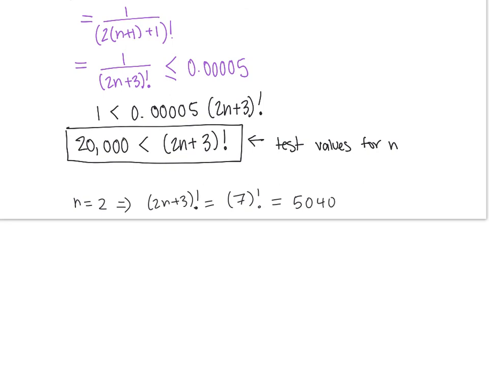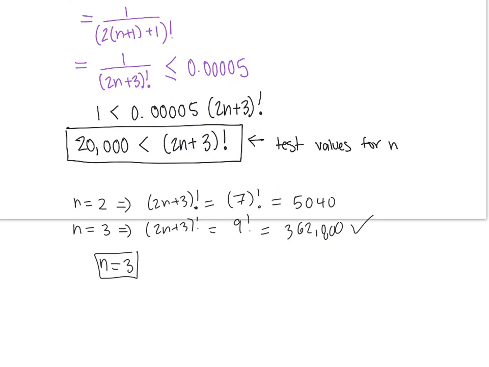We established that some other time, so that's not big enough. When you plug in n equals 3, though, you get that 2n plus 3 factorial is equal to 9 factorial, which is humongous. It's 362,880. So that's big enough. So we just need n equal to 3.